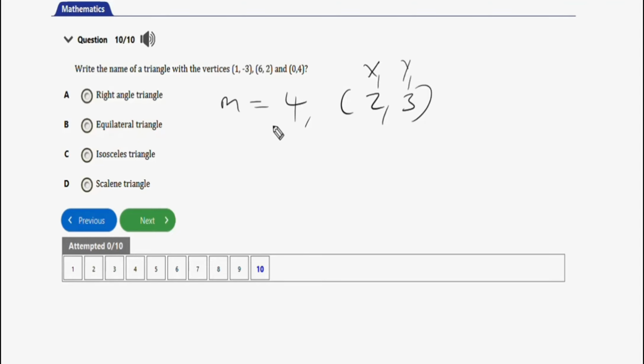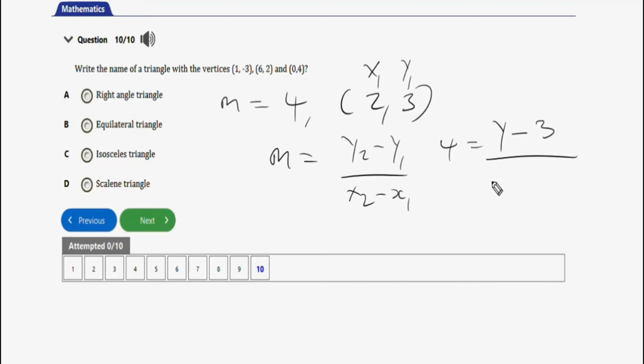So from the formula of a slope, we have m equals y2 minus y1 over x2 minus x1. So to find the equation of these points, our slope is 4, right? 4 equals, we don't know the y2, so let's call it y, minus our y1 is 3, over, we don't know our x2, let's call it x, our x1 is 2.